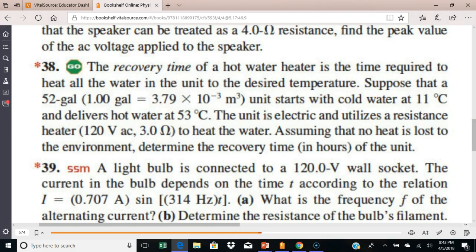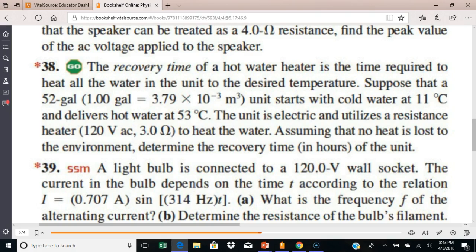Recovery time for a hot water heater is the time required to heat all the water in the unit to the desired temperature. Suppose we have a 52-gallon hot water heater. 1 gallon is equal to 3.79 times 10 to the minus third cubic meters. That conversion is on the front cover.